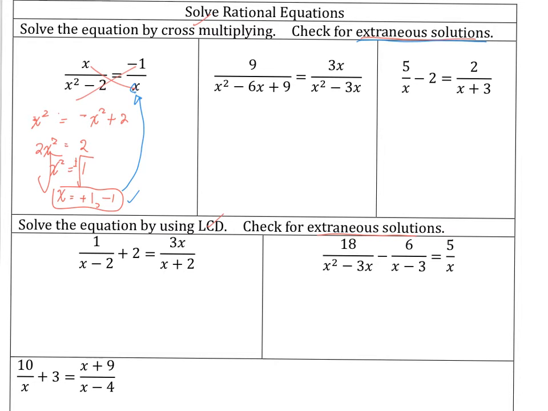Now let's look at the next example. I'm going to first factor the denominator, so it'll be easier. Okay, now I can simplify the x, simplify the 3, and then I can cross multiply.